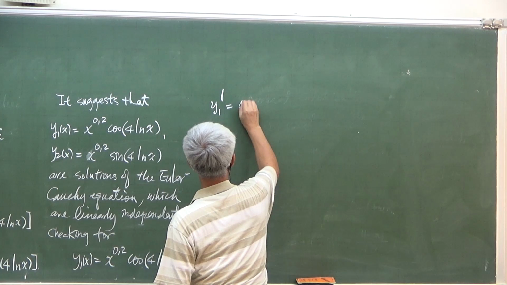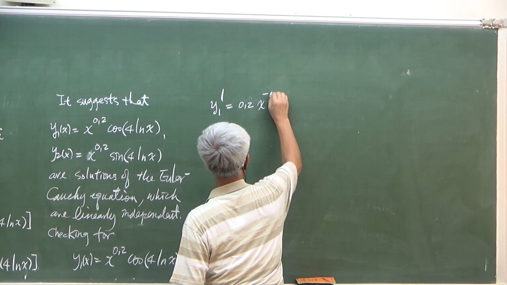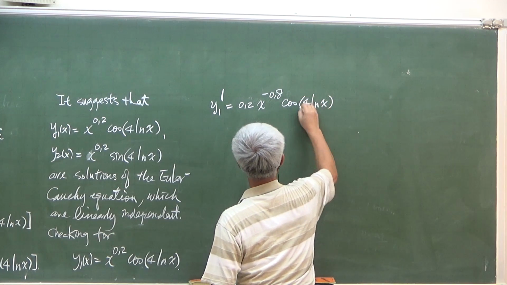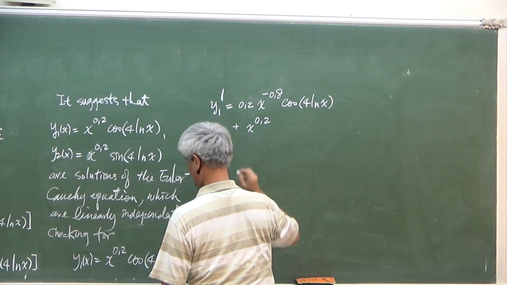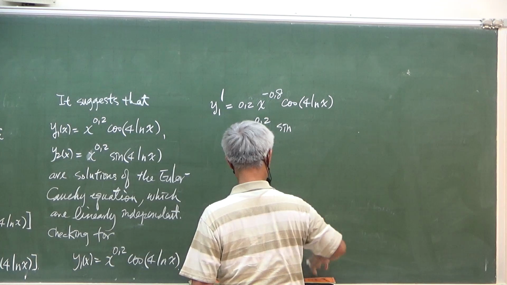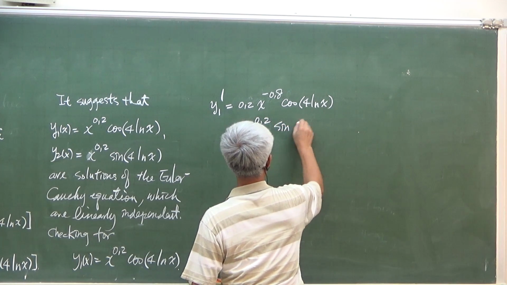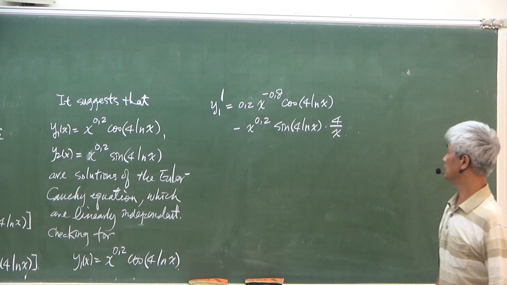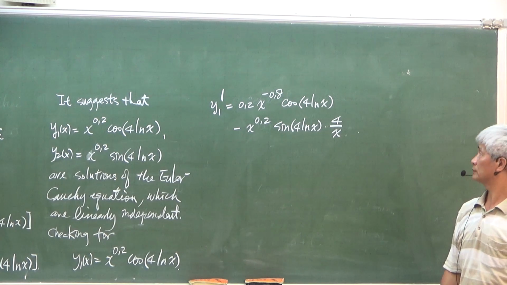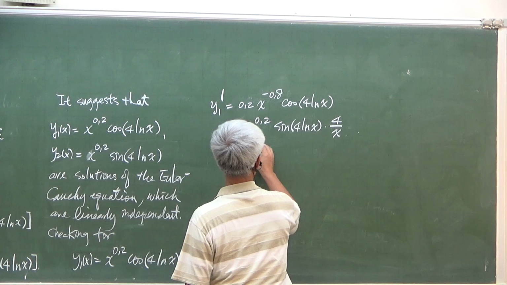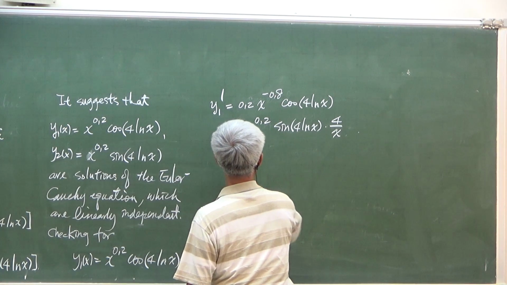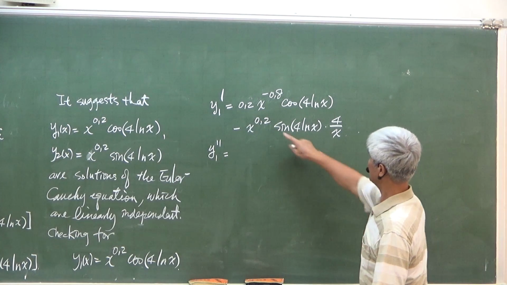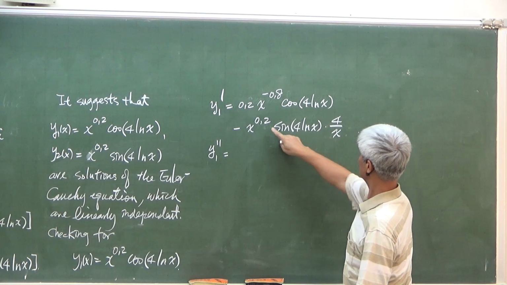First of all, y1 prime is 0.2 x to the minus 0.8 cosine of 4 ln x, plus x to the 0.2 times minus sine of 4 ln x times the derivative of ln x, which gives 1 over x.